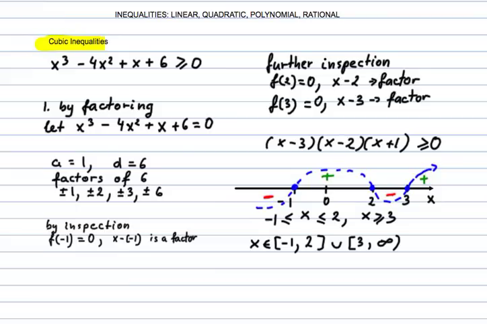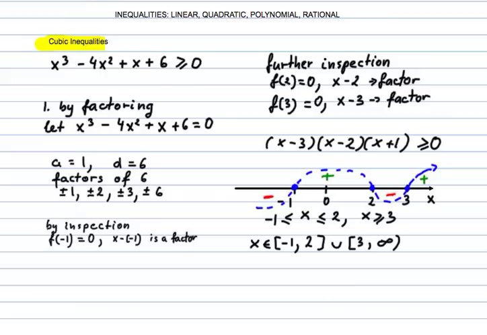In case the cubic polynomial is not factorable, then the solution is found either by approximation, or you can use your calculator to find a relatively close value that would satisfy the inequality.